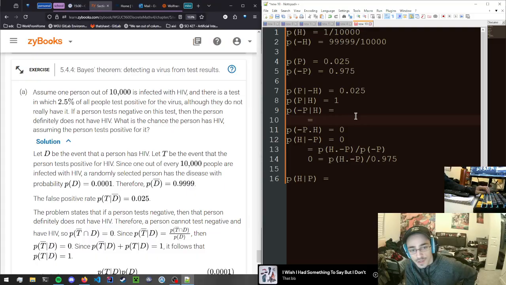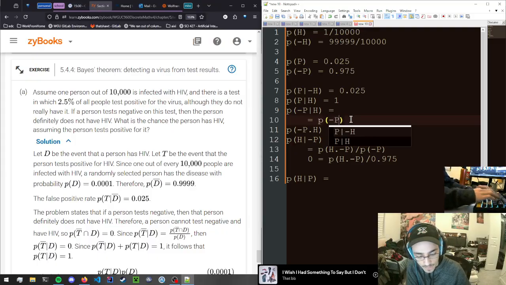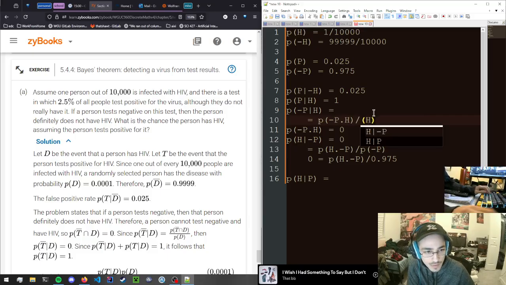alright, I need the probability of this divided by this, and I have this now, which I know is 0 from this one, and I also have this. I mean, this is 0 anyways, so this would turn out to be 0.